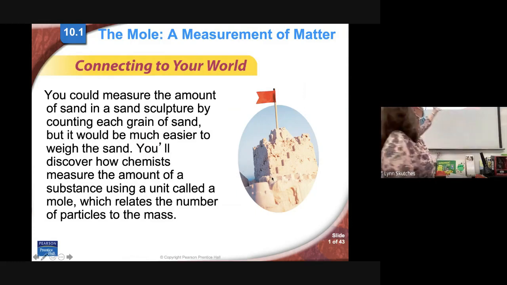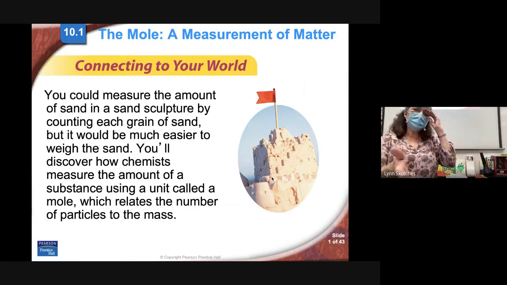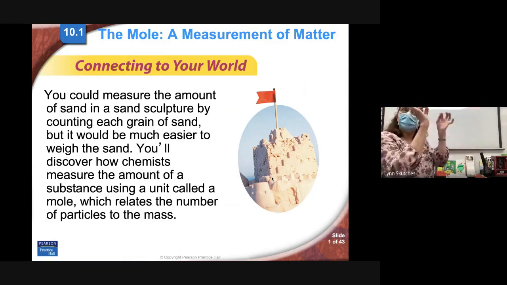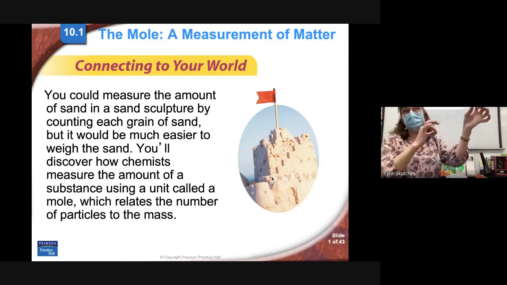But we could count out 100, 1,000 grains of sand, find their mass, and then extrapolate it out to the mass of the whole sandcastle if we wanted to know how many particles were there. Why do we care about particles? Obviously, we don't care about sand and sandcastles, but when you do chemical reactions, it's particles, it's atoms and molecules coming together, and they have to be coming together in the right proportions to be able to do a chemical reaction.